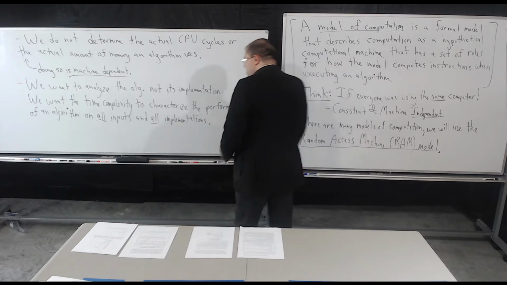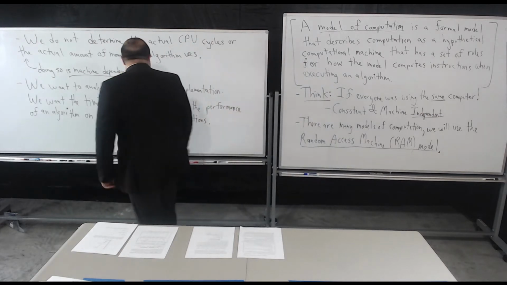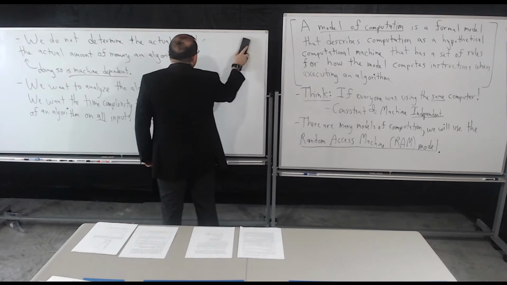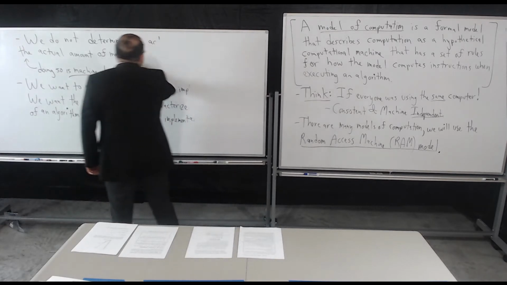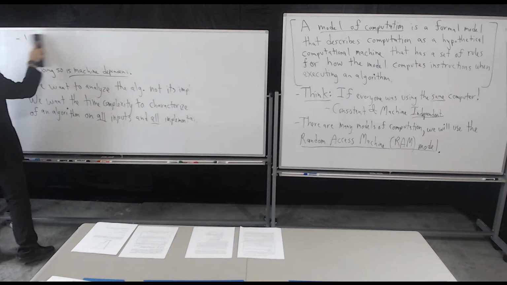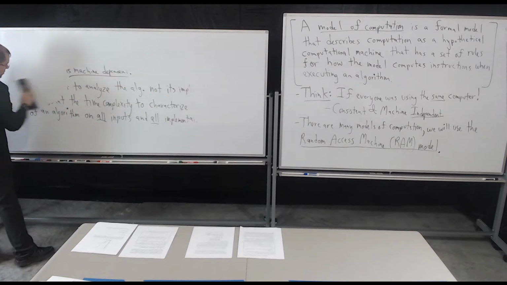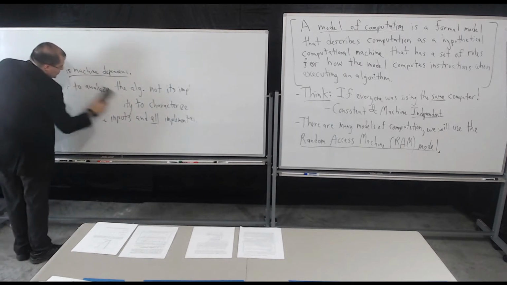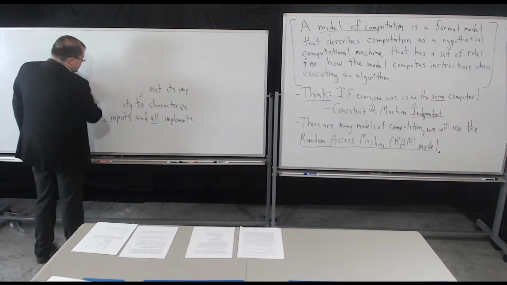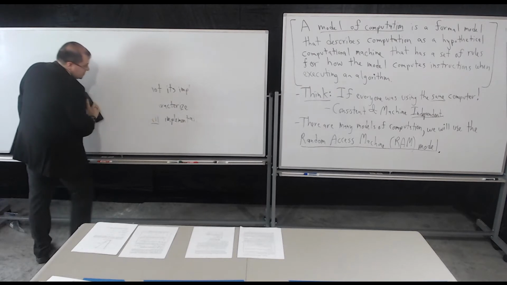So what we're going to do is I'm going to give you some rules for which we analyze the algorithms using this model. Now, while I'm erasing this, I just want to mention that there's many different kinds of models because we have different kinds of computational machines out there. The RAM model is a standard model that computer scientists, mathematicians, many people use.